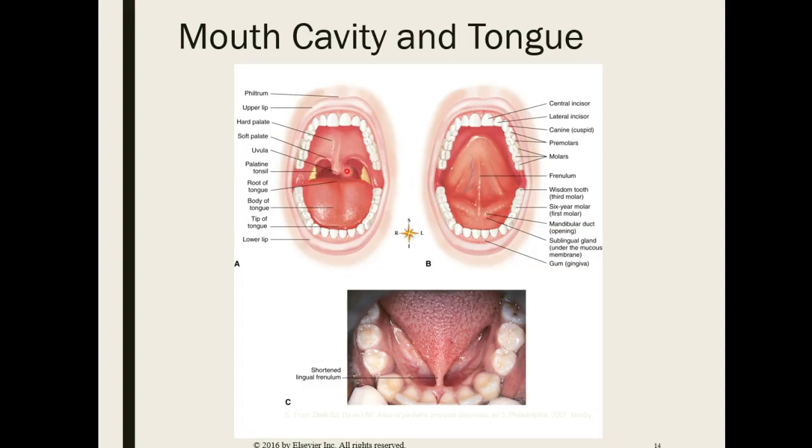So here would be the uvula hanging down, and then the frenulum is going to be this little fold right here. So as soon as food enters into the oral cavity, we're starting those processes of digestion, either through secretions from the salivary glands or the mechanical digestion where we're physically breaking apart that food by chewing.